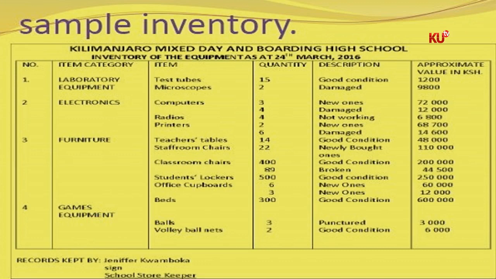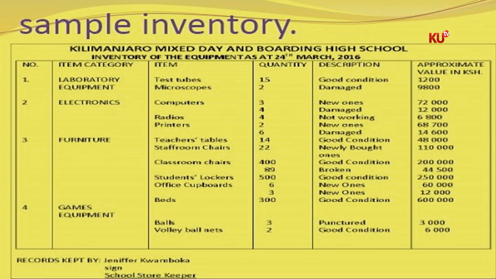That is the sample inventory. The number, item category, laboratory equipment, test tubes and microscopes, the quantity, the description, approximate value. And now when you have such an inventory, if you are the lab technician, you have 15 test tubes. Once you give like 5, when you take the other inventory, you will have 10 now.